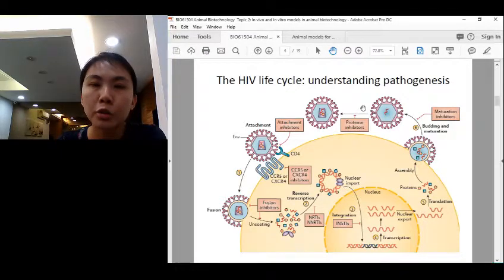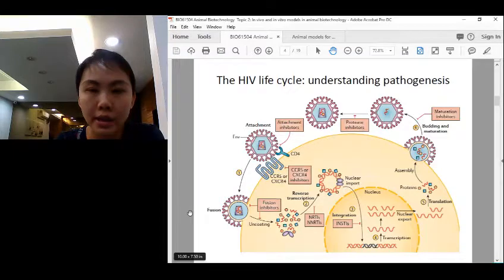All right, so this diagram here summarizes the life cycle of HIV in terms of how they establish an infection by colonizing the cells as a host for them to produce more viral particles.